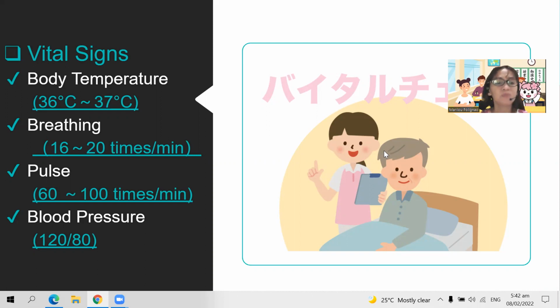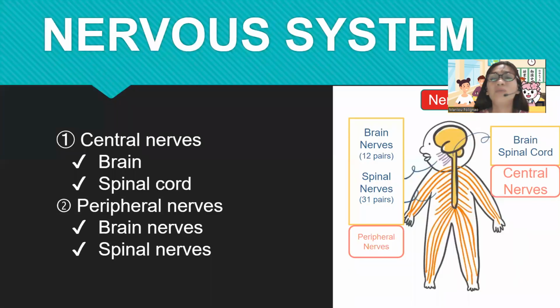So, for example, okay, nervous system. Okay. So, ano po yung mga nervous system? Andyan po yung ating brain, spinal cord, peripheral nerves, and nandyan din po yung ating spinal nerves.